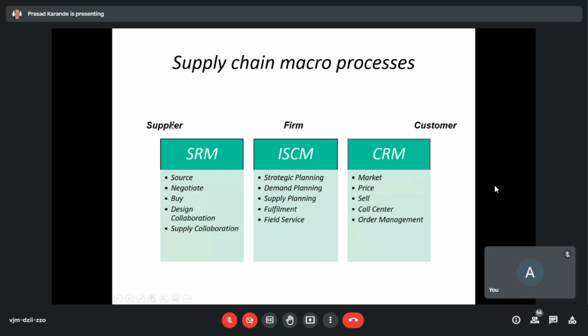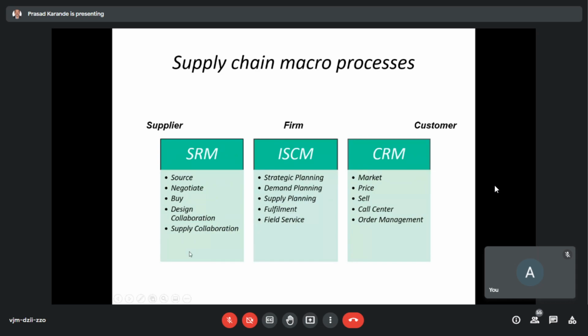It may be considered as a cyclic view. You can see that these are the processes between supplier and organization. But because it is a macro view, some of the stages are avoided in this case, which are your distribution network and transportation, that is, dealers and distributors, that network.